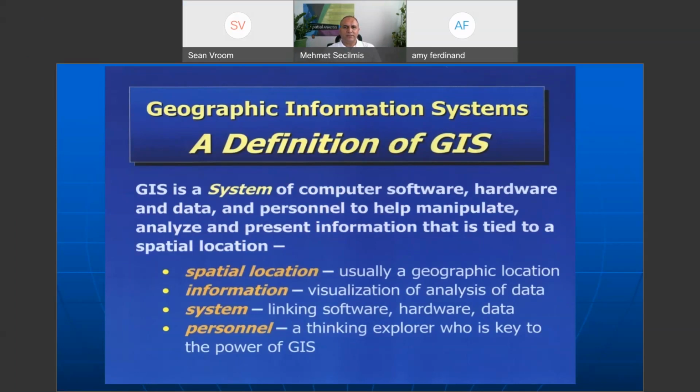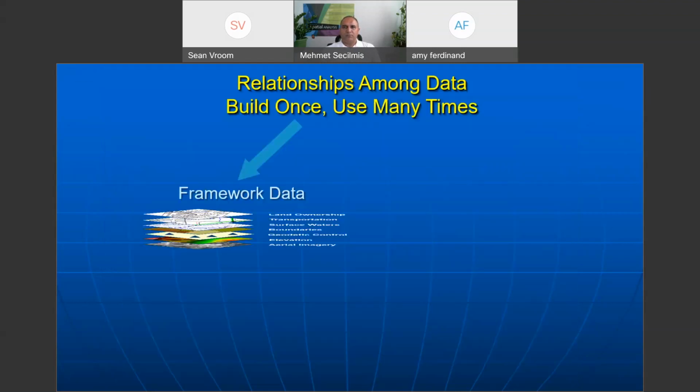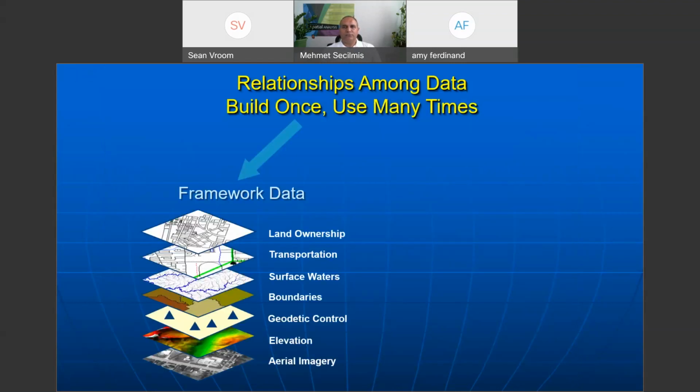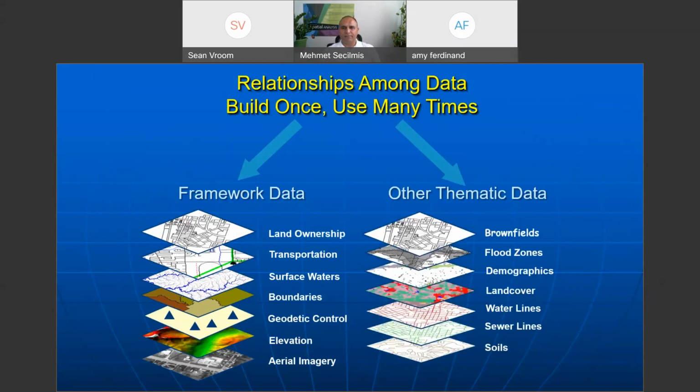I would like to start with the definition of GIS. What is GIS? This is a classic definition of GIS: a system with spatial location, information, and a user or a specialist. With GIS technology, you build relationships once and use them many times.